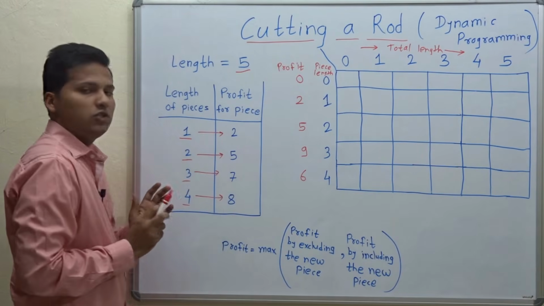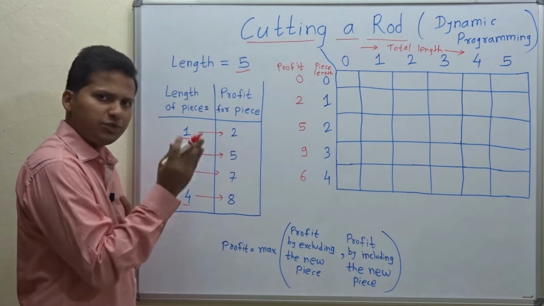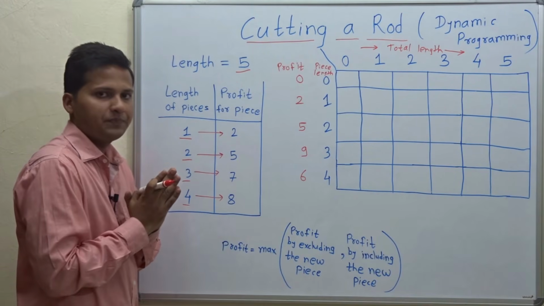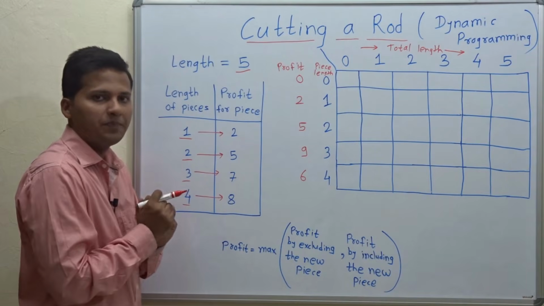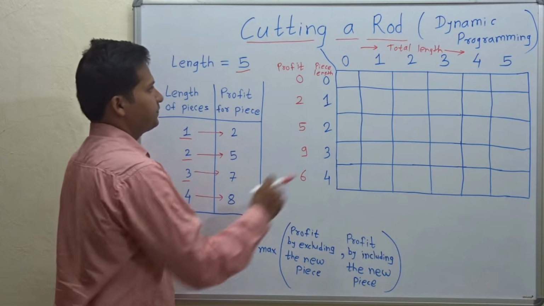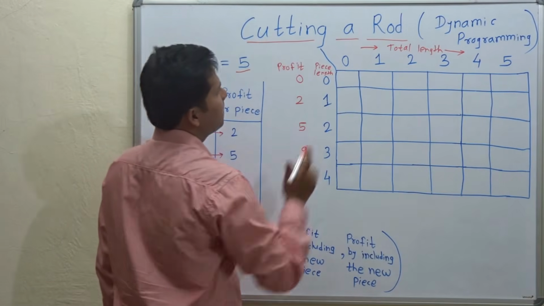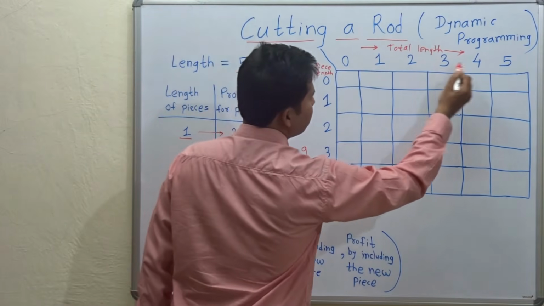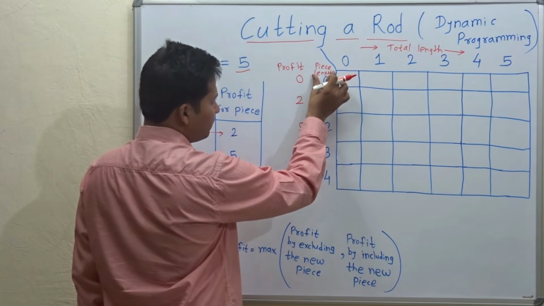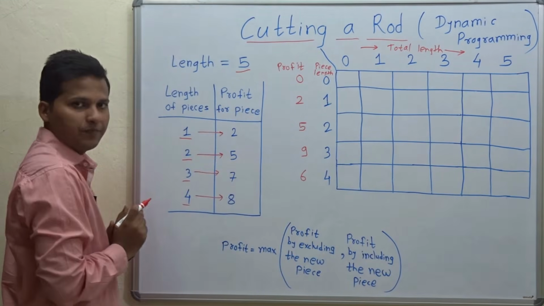So now you are given a question that you have to cut the rod into such pieces that you get the maximum profit. So let's see how to do that. We are going to use dynamic programming for this problem. So this is the memoization matrix for our dynamic programming, and here the total length is specified and here the length of the pieces is specified, that is 1, 2, 3 and 4.